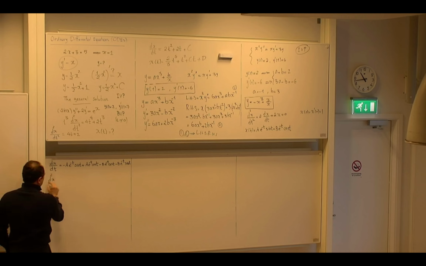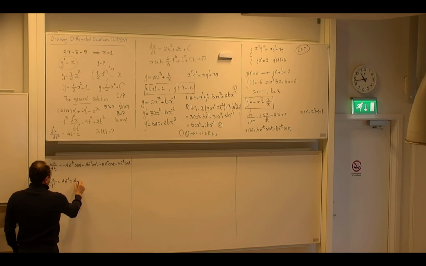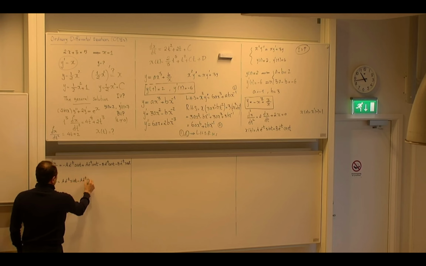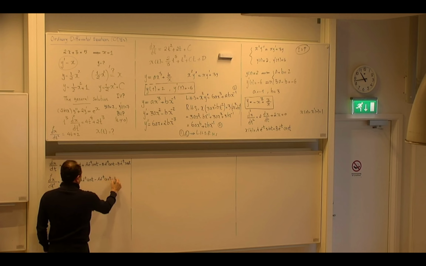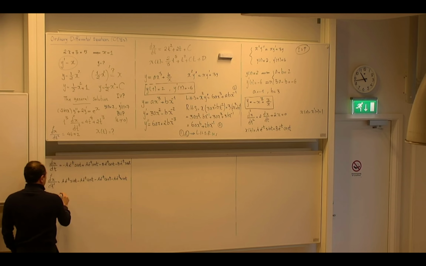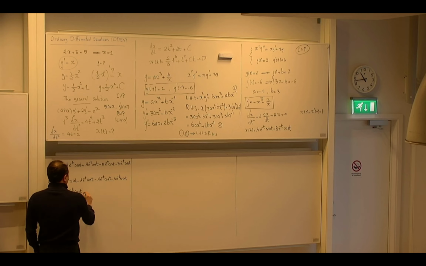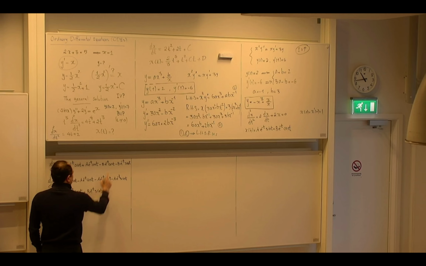Okay, so the second derivative becomes: a e to the power minus t sine t minus a e to the power minus t cosine t. That is for the first one. That is for the second one. For the third one, and then another one I have plus, and finally for the fourth one.